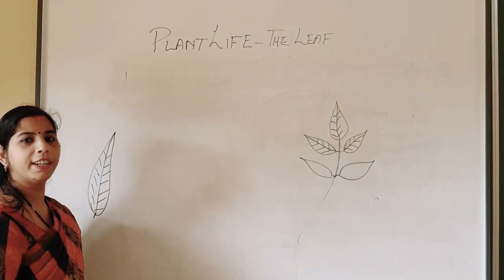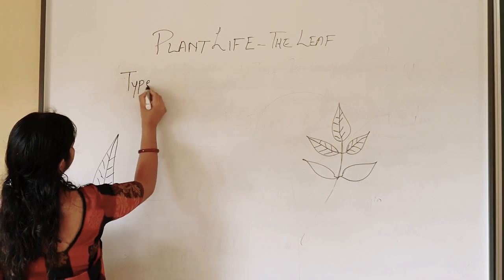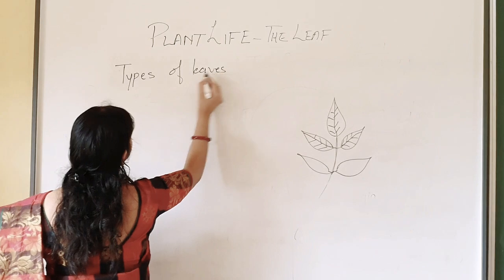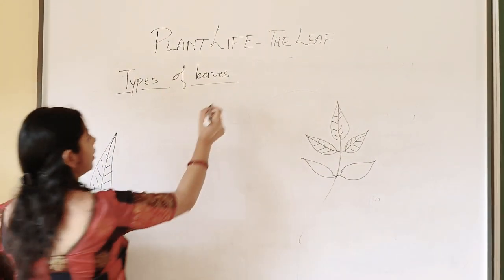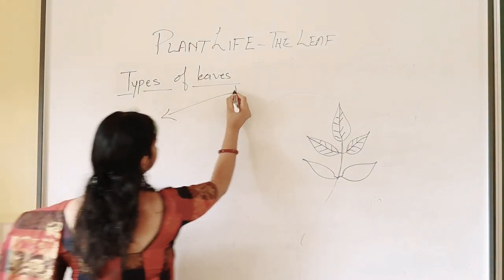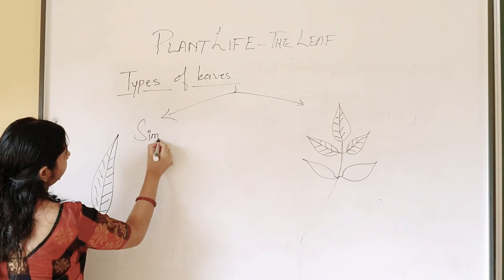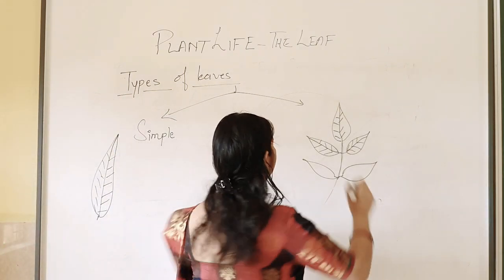Now let's start another topic, the types of leaves. So leaves, it is of two types. First is the simple leaf and second one is the compound leaf.